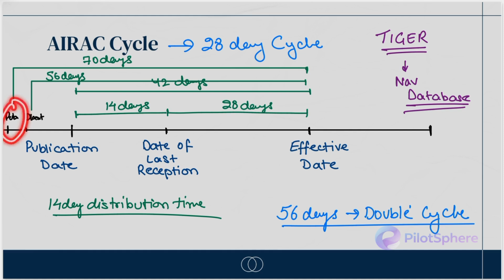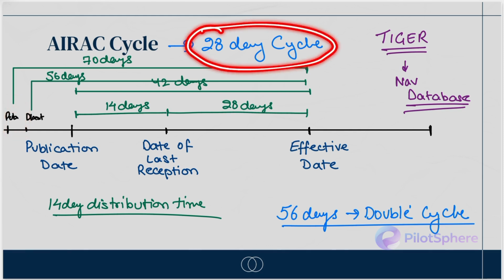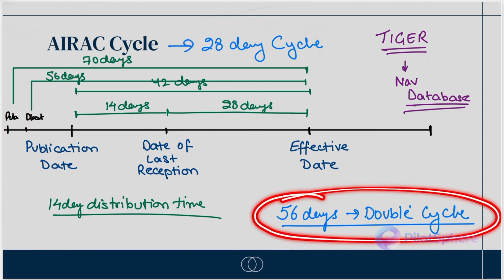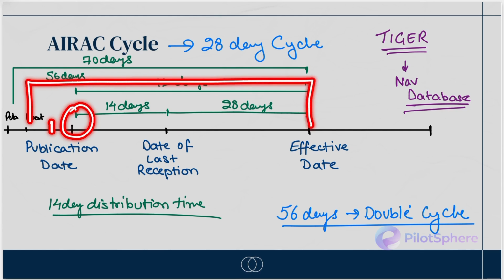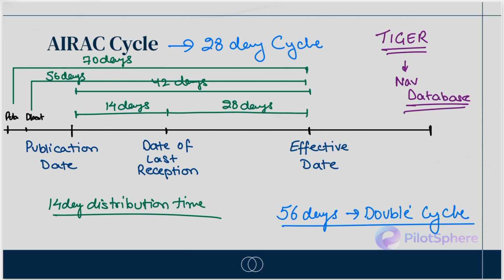Essentially, this information would not be published after 28 days, but rather after 56 days, where one cycle, which is this cycle maybe, or the one before this, is skipped over, and directly the information is placed on the second 28-day cycle. This would only take place when there is any significant major complex airspace change that is being made, allowing all airlines operators and their owners to have enough time to test that data in their simulator.